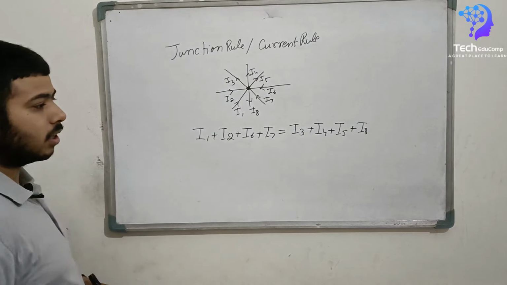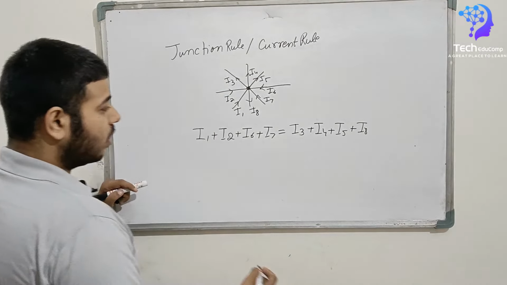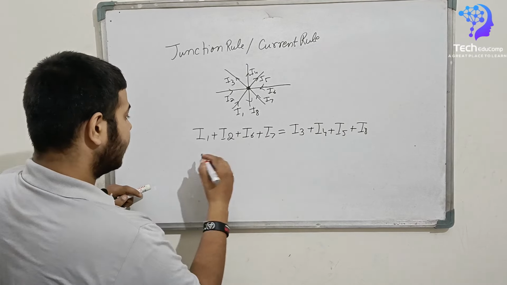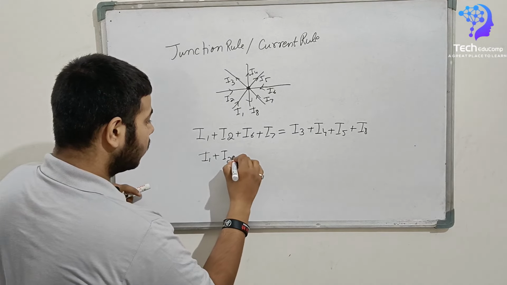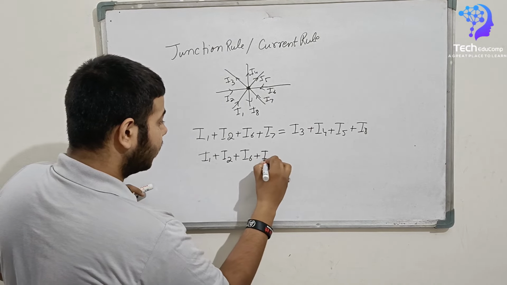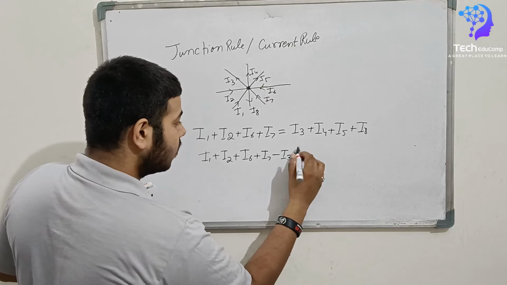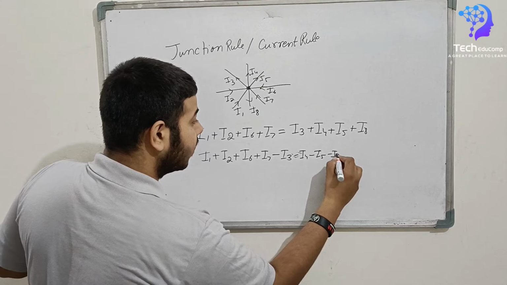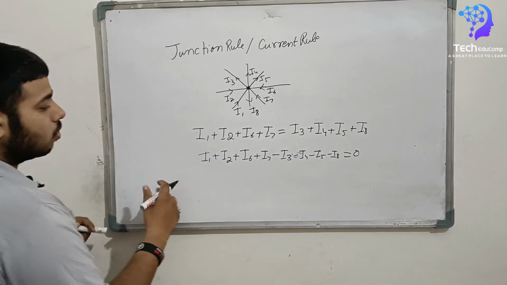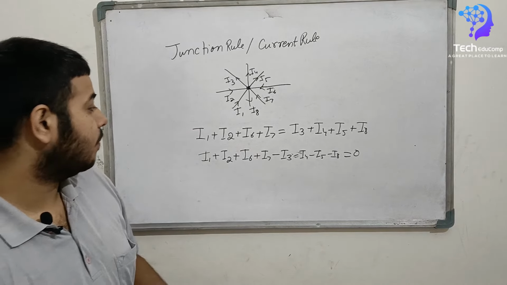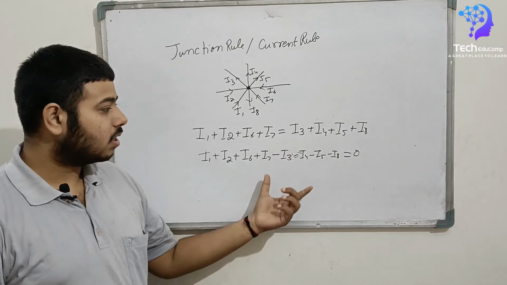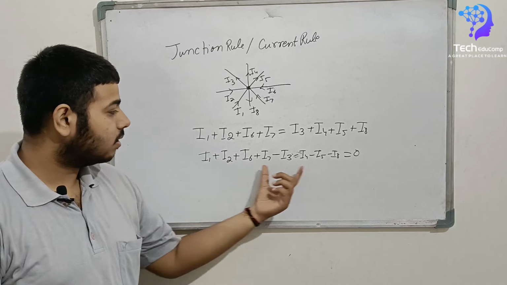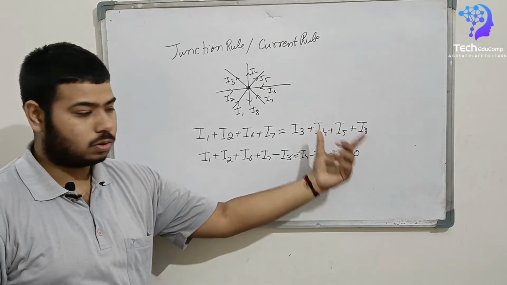So this is the equation. I can also write it as I1 plus I2 plus I6 plus I7 minus I3 minus I4 minus I5 minus I8 equal to 0. So the current rule states that the sum of all the currents should be equal to 0, with entering and leaving currents taking opposite signs.